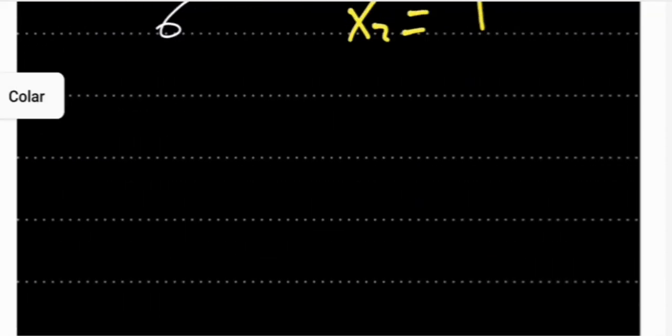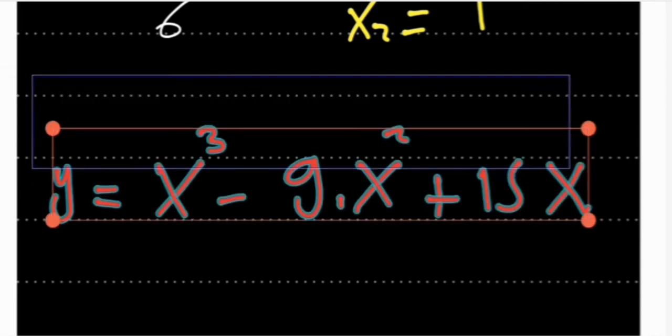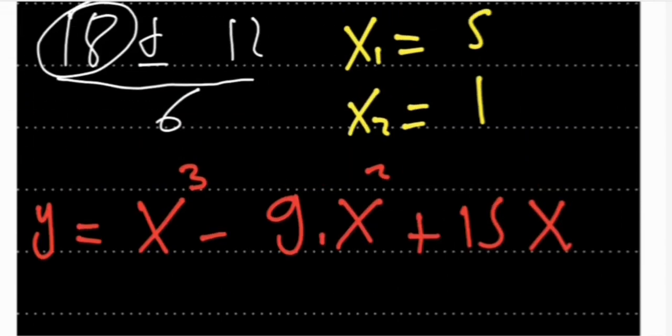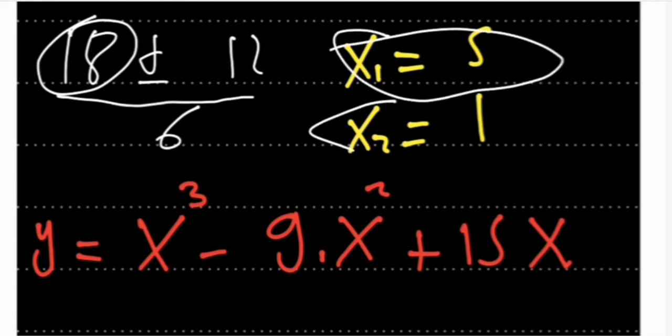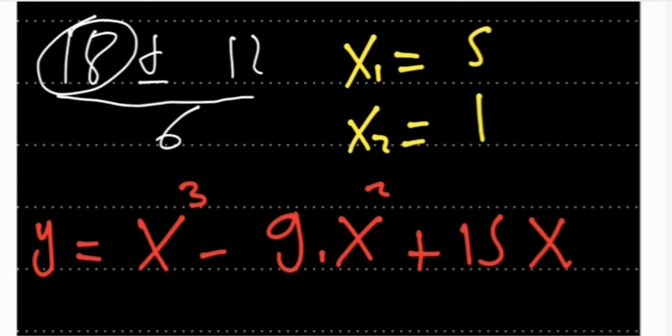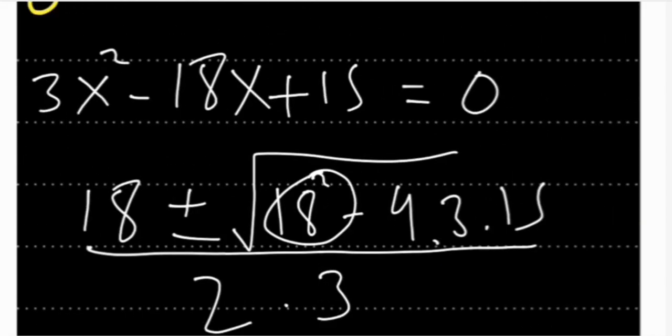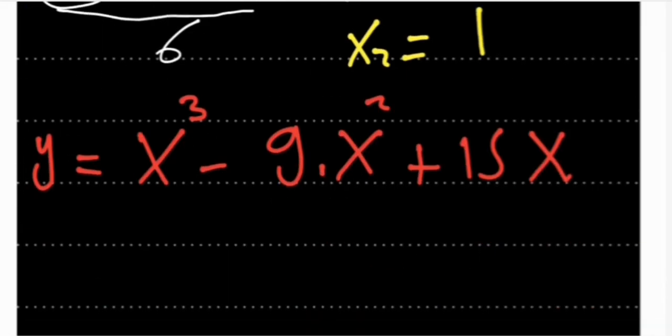Okay, so this was our function of y. Let's test the x's to find which one of them is minimum and which one is maximum. Later we'll do it by the second derivative too.